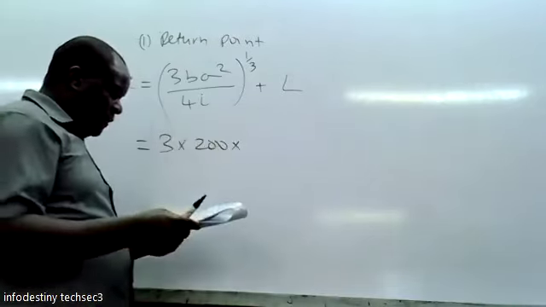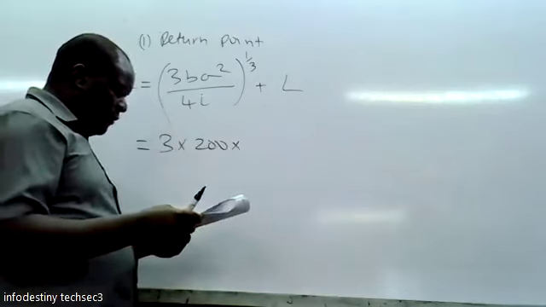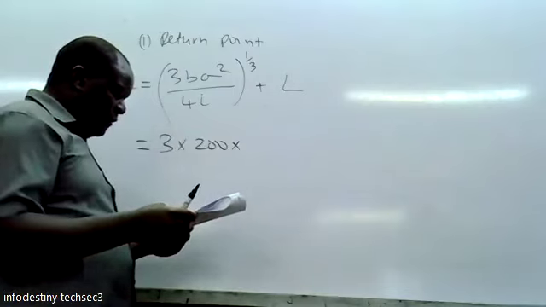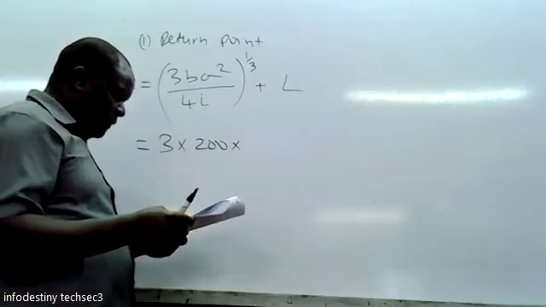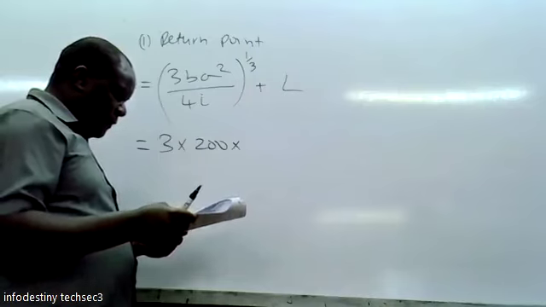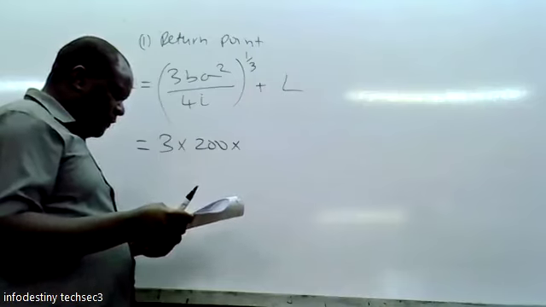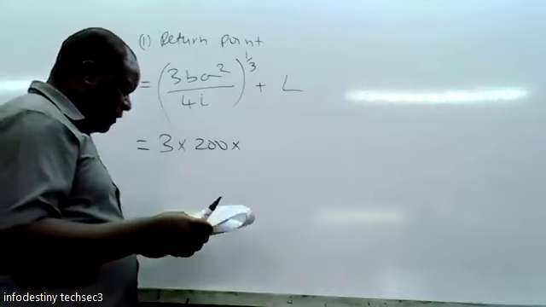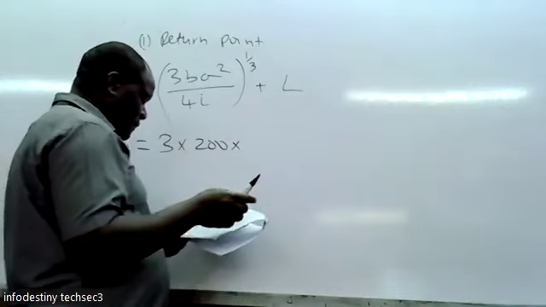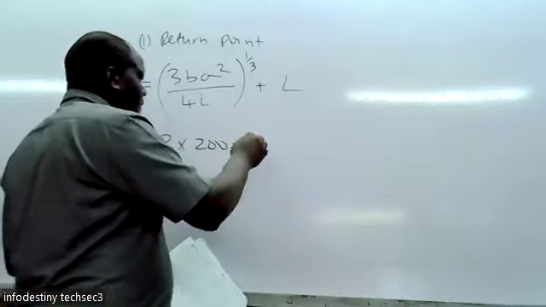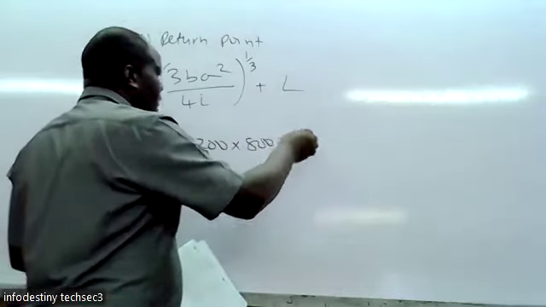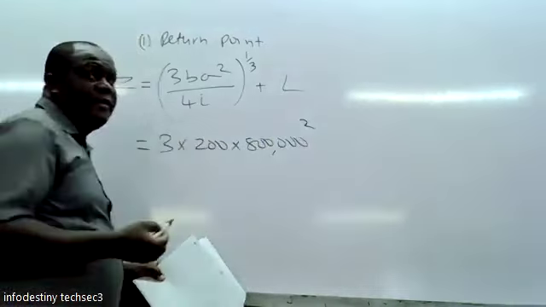Then the variance: the question gave you the standard deviation of the daily cash flows, so you need to square that figure to get the variance.